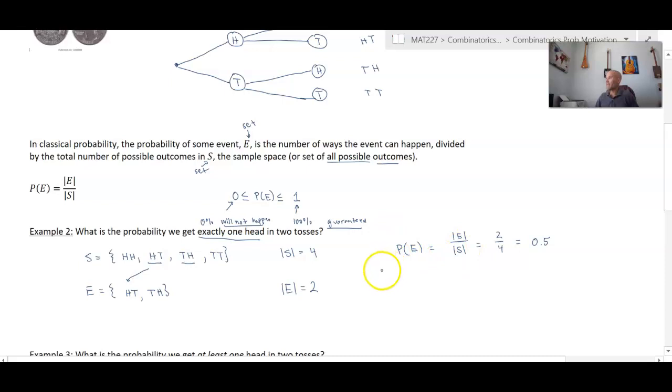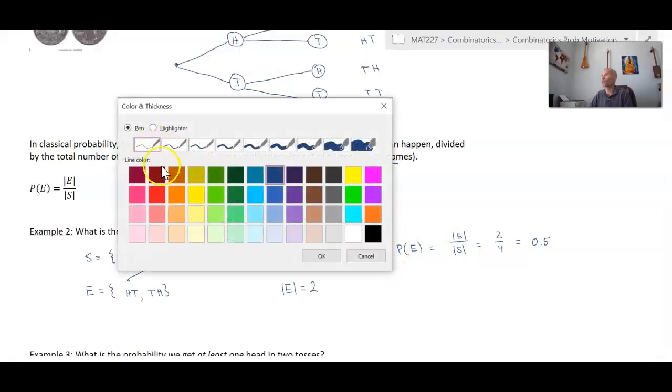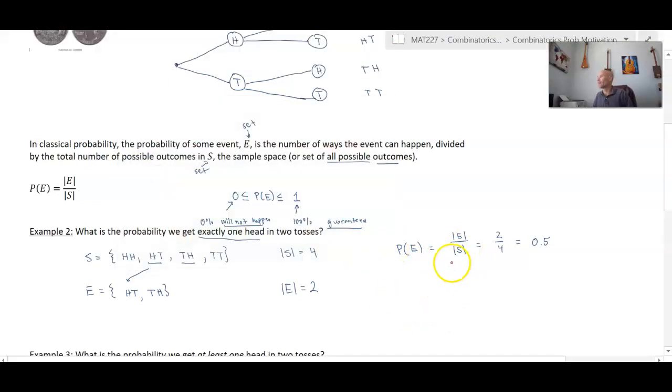So as far as the meaning of this, because the meaning is important, if I toss a coin twice, and I do that many times, what does many mean? Well, in theory, that means infinitely many.